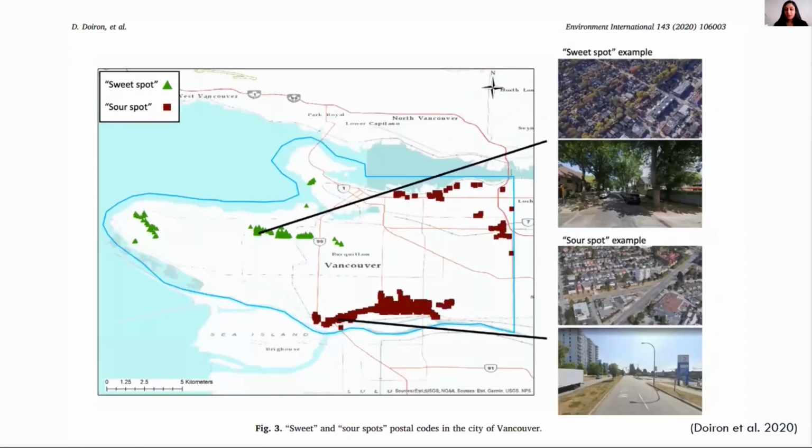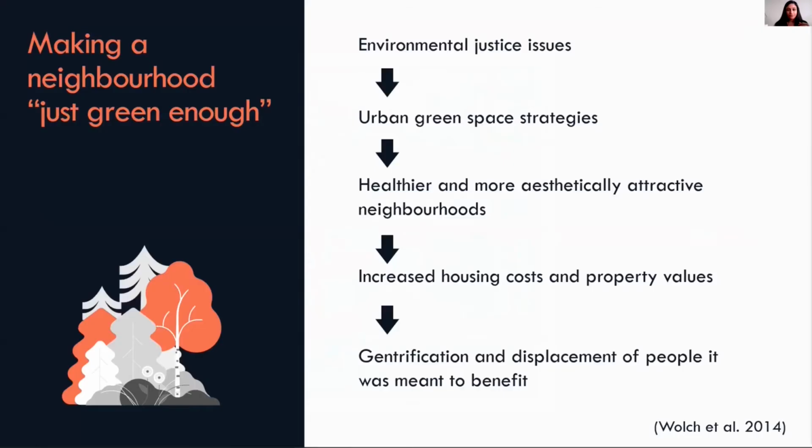And similarly in Vancouver, we can also see some of these stark differences in the built environment between the sweet and sour spots. So this article highlights how initiatives like urban green space strategies may actually be quite paradoxical.